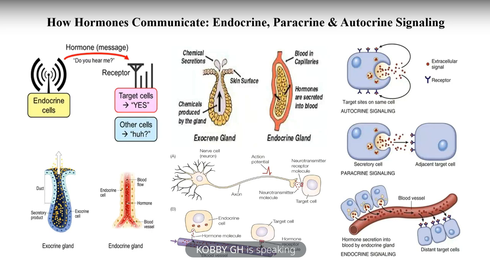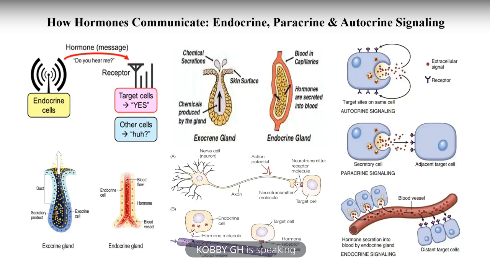So we can have some organs in the body where a particular organ produces a certain hormone, and the same organ has receptors for that hormone. In physiology, we call it autocrine signaling.